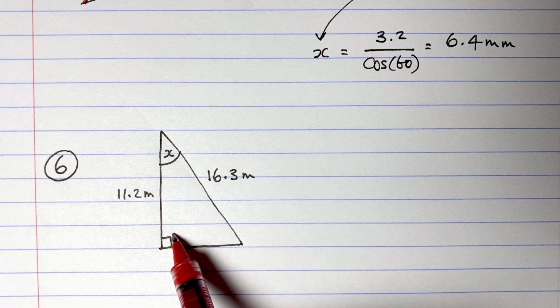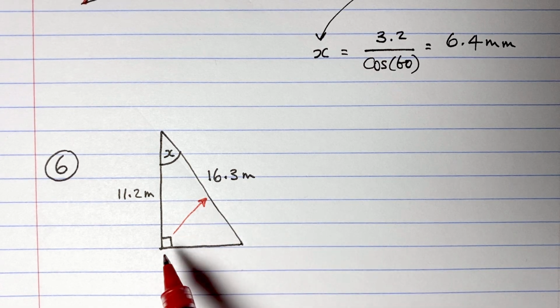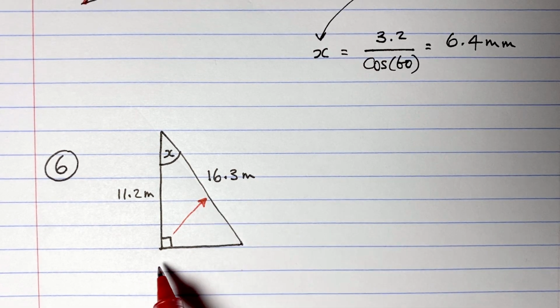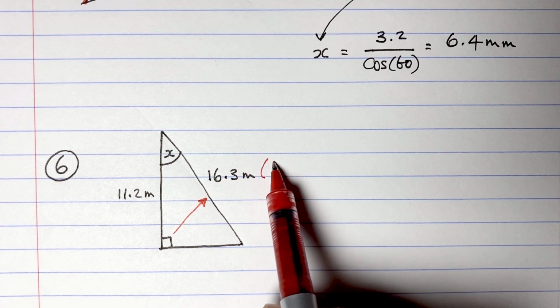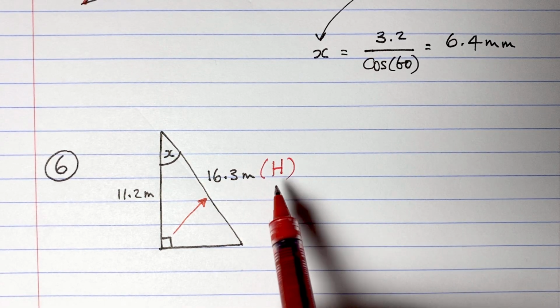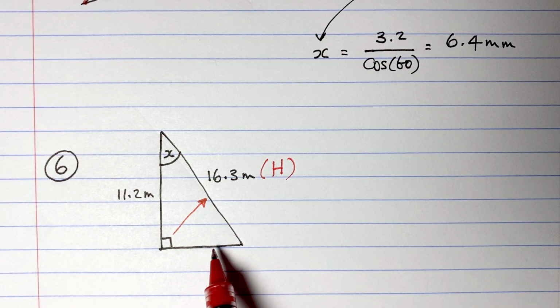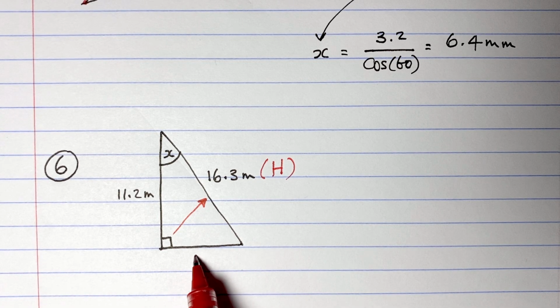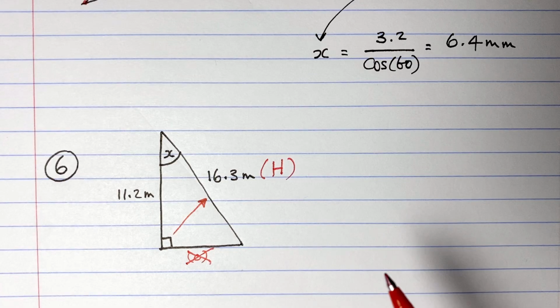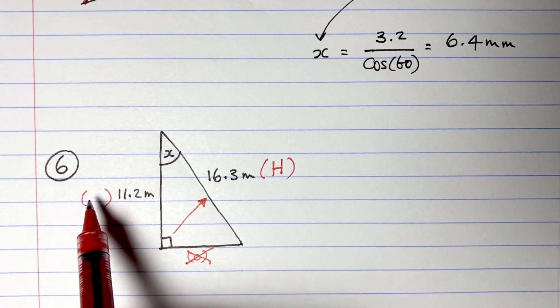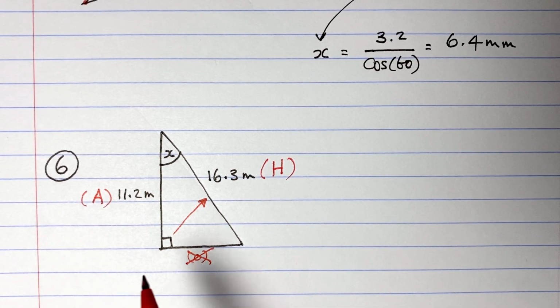Okay, by now we all know where the hypotenuse is, opposite the 90 degrees. Trace the arms. So that's H for hypotenuse. Opposite X is blank. So we can call it O and then cross it out if you want. So that tells me the third side must be adjacent.